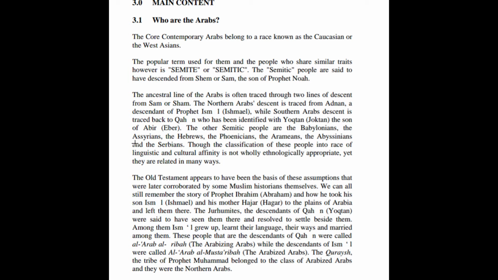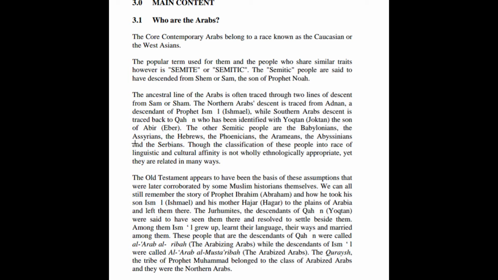The Semitic people are the Assyrians, the Hebrews, the Phoenicians, the Arameans, the Abyssinians, and the Syrians. They are classified based on their linguistic and cultural activities.